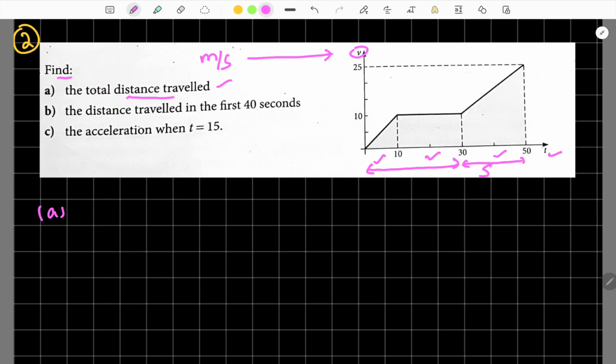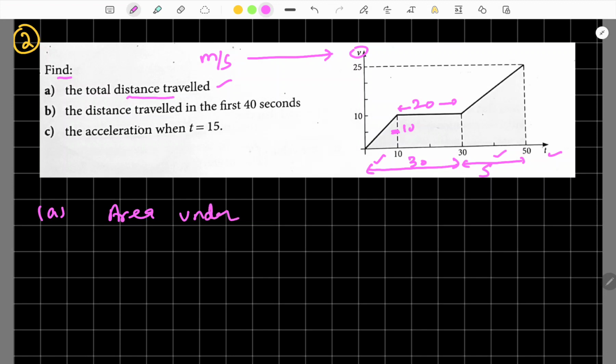So first trapezium, beta, what are the two parallel sides? So 30 minus 10, this will be 20, right beta? And this length, which I have just made an arrow, is 30, right? ठीक हो गया? चलो. And the height obviously is 10. So the total distance traveled is obviously area under the graph, right?